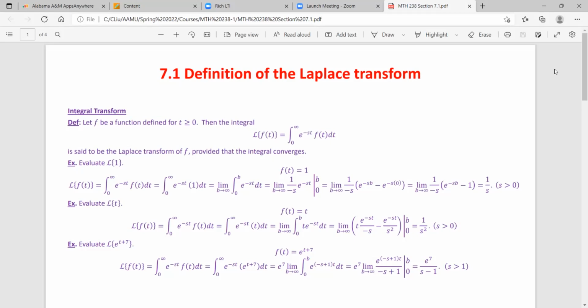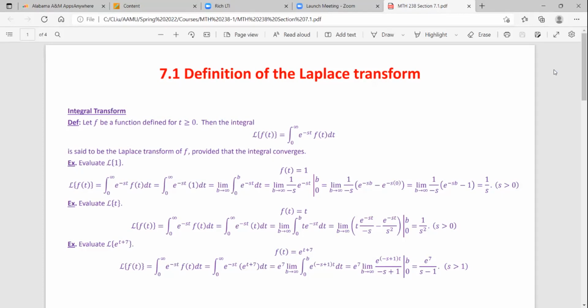Once again, we're going to require s to be positive in order for the integral to converge, because of the exponential e to the negative st. We want to make sure the exponent negative st is negative. For that to happen, because b is positive, s has to be positive also.